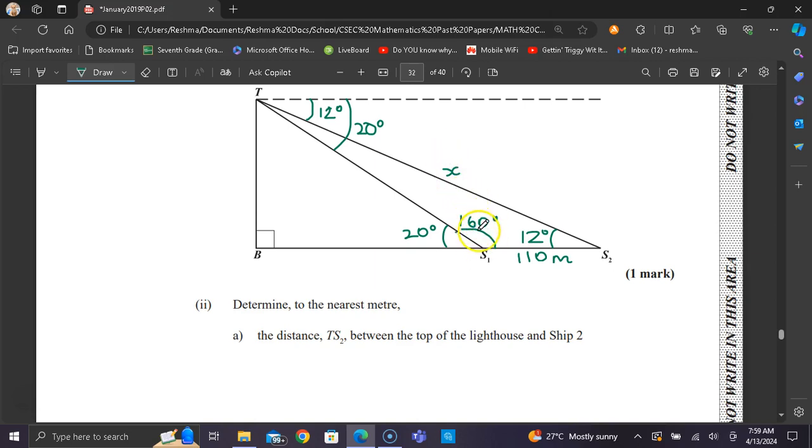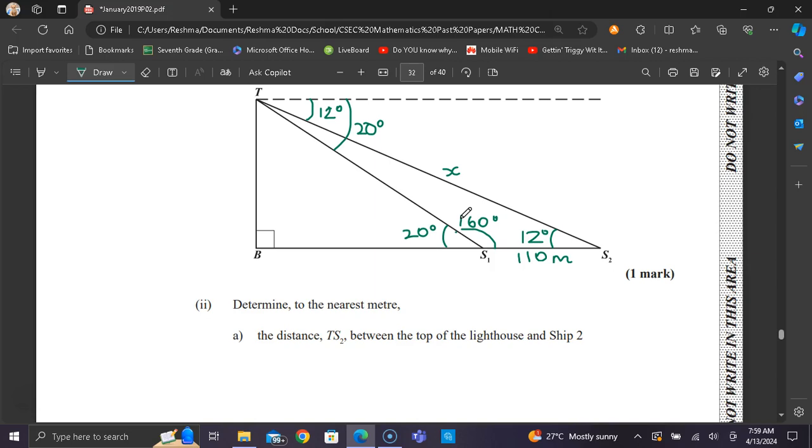So it means that I could use the sine rule here, because in order to use the sine rule, if I have an unknown side, I must have the angle that is opposite to that unknown side. Now, if this side is 110, it means I need to find the angle opposite to that side, which would be this angle up here. Now, if this is 12 and this is 160, then I could add 160 and 12 and subtract it from 180.